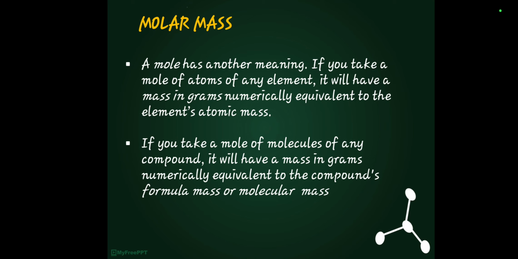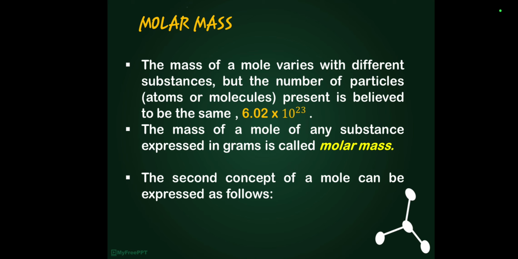To explain it further, the molar mass is pertaining to the mass of a certain mole. So 1 mole is equivalent to the atomic weight of a certain element. The mass of a mole varies with the different substances, but the number of particles, which are atoms or molecules, present is the same.